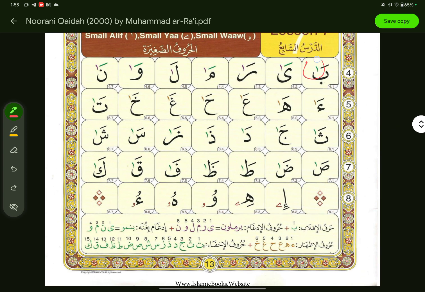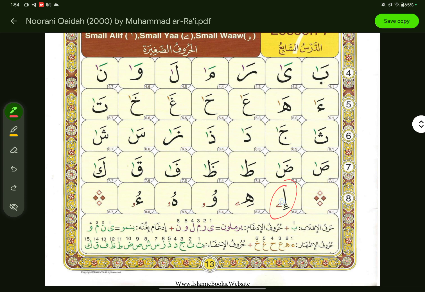This part here is a small version of an alif. This is a small version of a ya. This is a small version of a waw. This alif and this fatha are associated with each other. The alif with a fatha gives it an elongation. It causes it to go longer, for about two counts. So instead of just being ba, it goes baa, right?